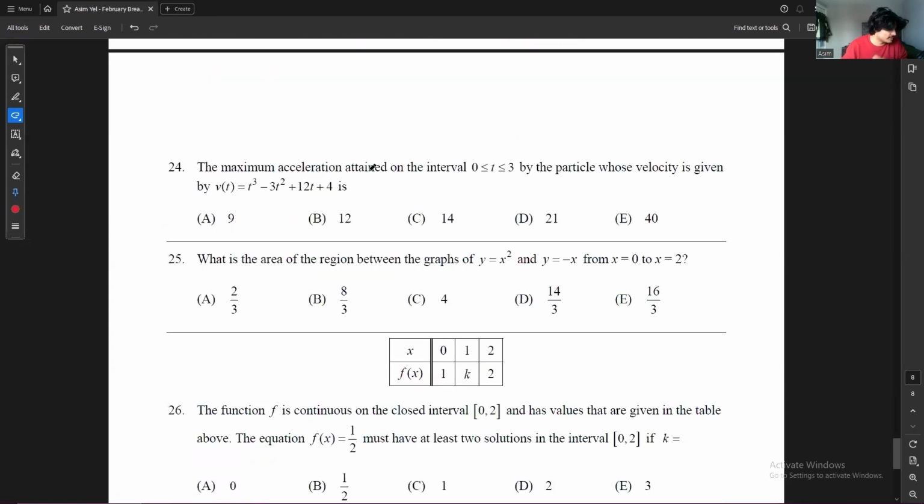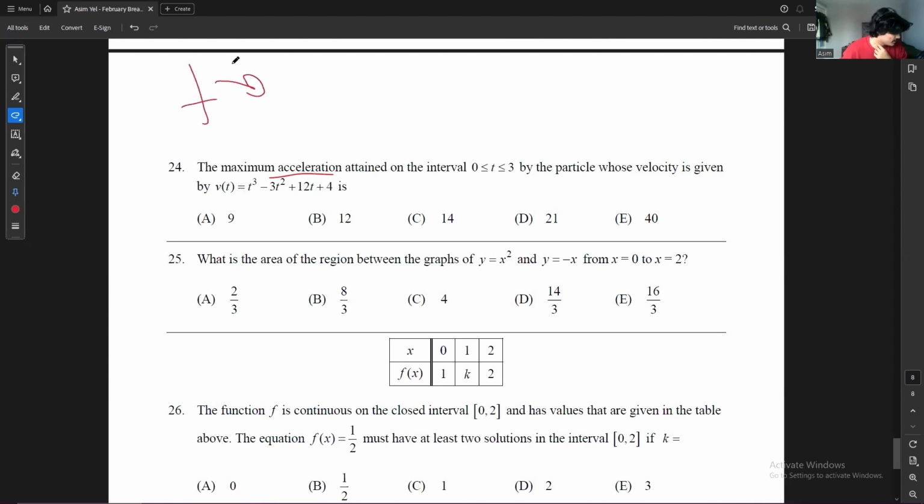The maximum acceleration attained on the interval by a particle whose velocity is given by f(t) is. They're asking for the maximum acceleration. If you want to find the acceleration, you just take the derivative of the velocity function. Let me draw this.